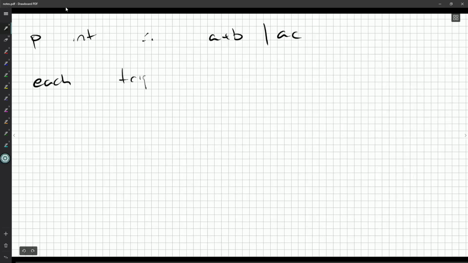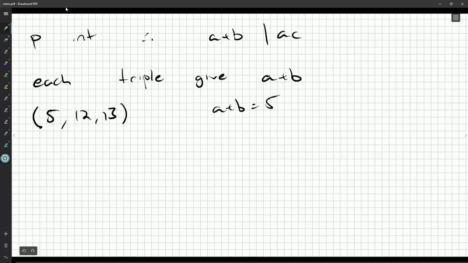Each Pythagorean triple gives a plus b. So we could have, let's say, the 5, 12, 13 triple. A plus b is 5. Okay?